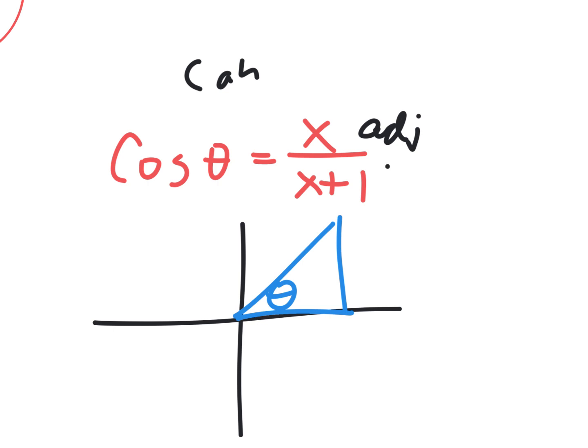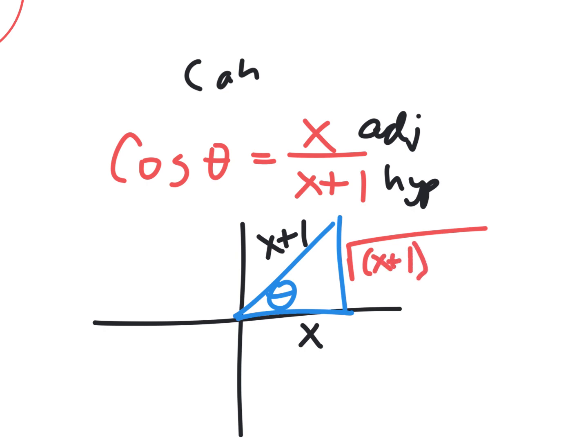Okay, so adjacent over hypotenuse. So they gave me the adjacent side and the hypotenuse side. And this last side would be, I'm hoping you don't have to bust out a squared plus b squared equals c squared. You could just go square root. And then the longer side first, x plus 1 is clearly longer than x is, and it's the hypotenuse.